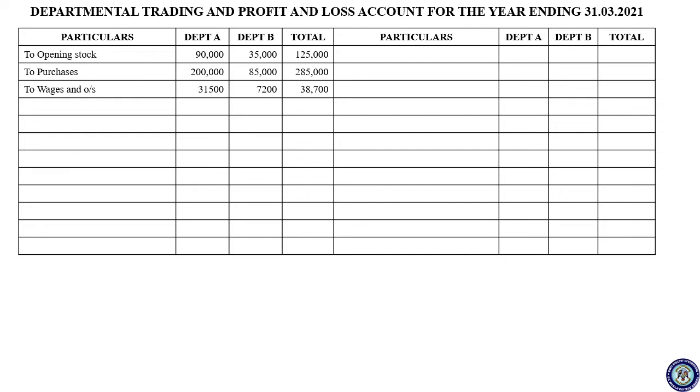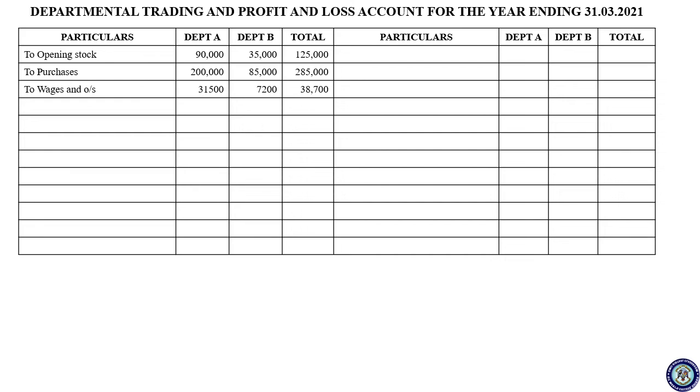You write wages and outstanding, and listen to one thing, don't write a figure directly. See the problem there. The wages balance is already apportioned, that is 30,000 and 6,500, and the outstanding wages are 1,500 and 700.